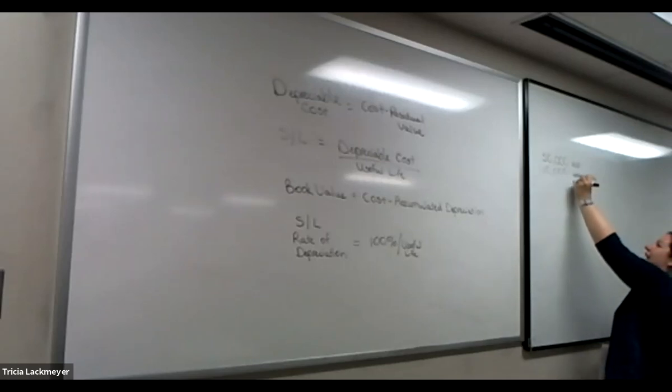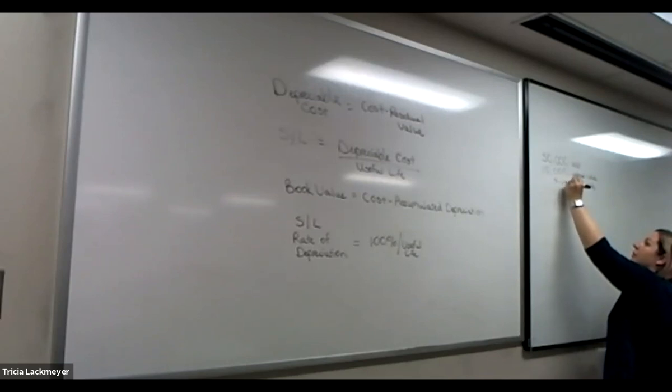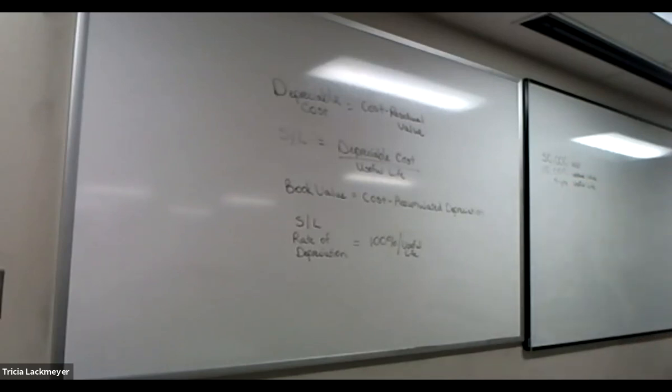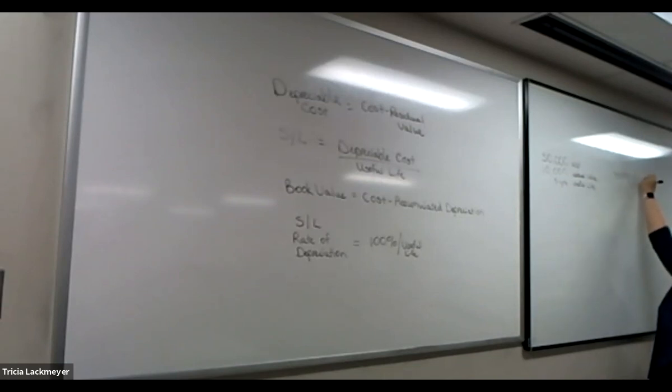And a useful life of 5 years. We can easily calculate straight line depreciation, right? We would take cost minus residual over useful life. So a full year's worth of depreciation would be 40,000 divided by 5. That'd be 8,000, is that right? Yeah.